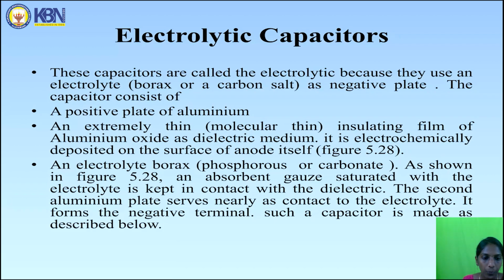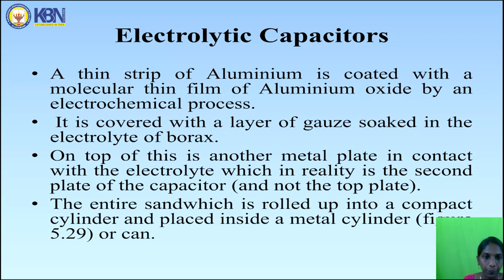It forms the negative terminal. Such a capacitor is made as described below. A thin strip of aluminum is coated with a molecular thin film of aluminum oxide by an electrochemical process. It is covered with a layer of gauze soaked in the electrolyte of borax.